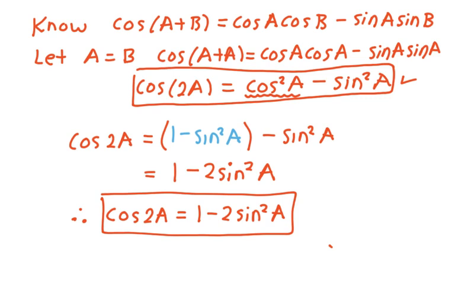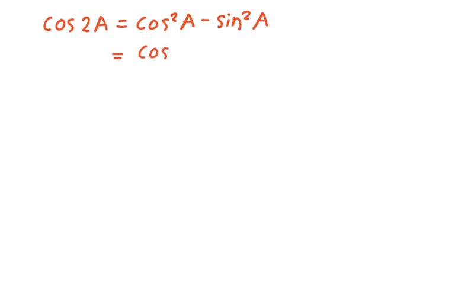Okay? And again, we're going to start here with cosine 2a is cosine squared a minus sine squared a. And I'm going to replace sine squared a with 1 minus cosine squared a.